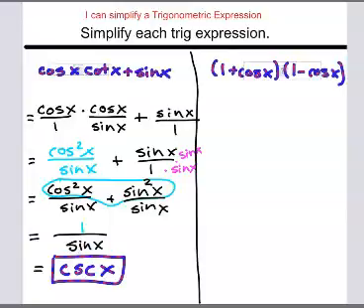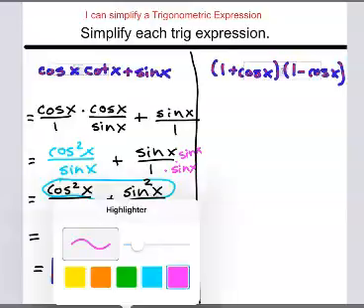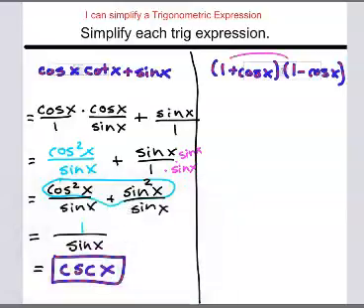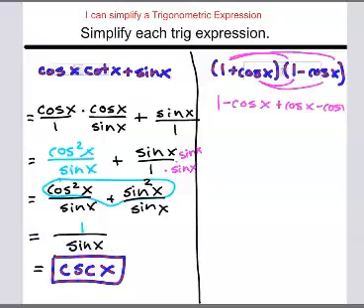Next one, I look at that and gosh, it's tempting to distribute. So we want to follow our temptations, right? And distribute. And cos times cos is cos squared. I can see the middle two terms are going to cross off, negative cos plus cos.